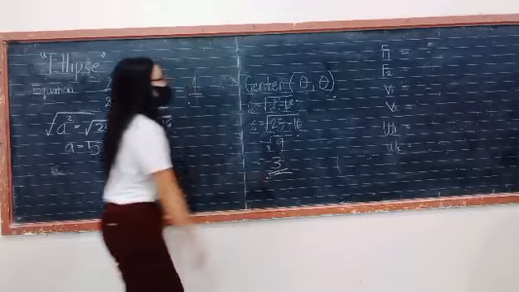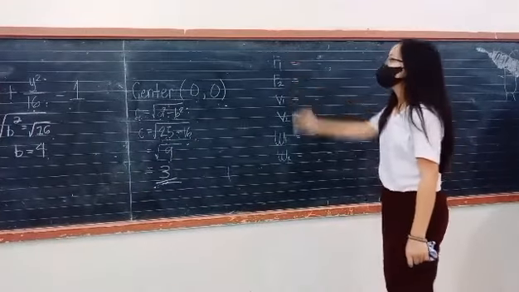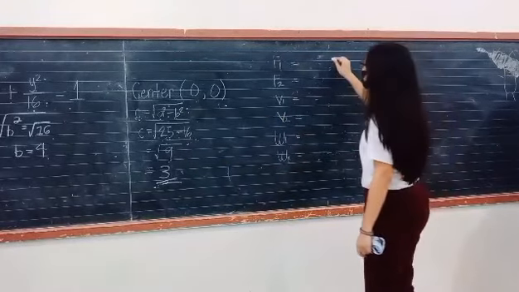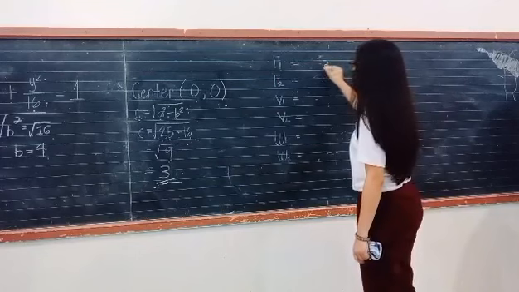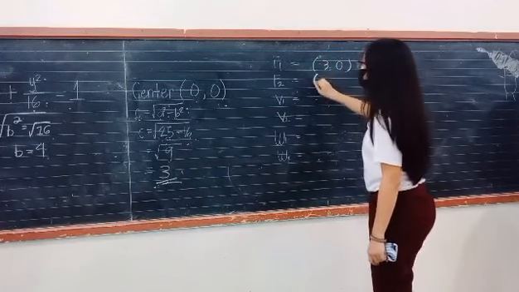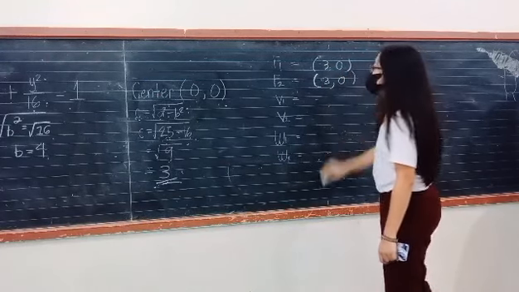The square root of 9 is 3. So now, our foci 1 will be negative 3 and 0. Our foci 2 is positive 3 and 0.